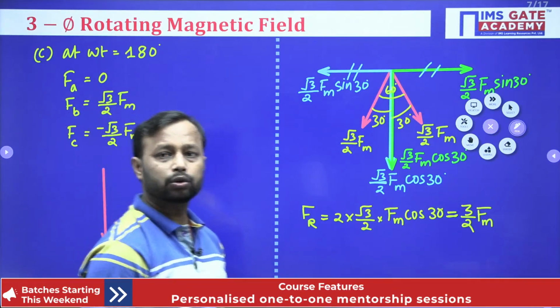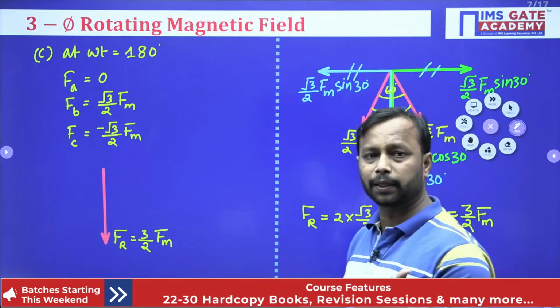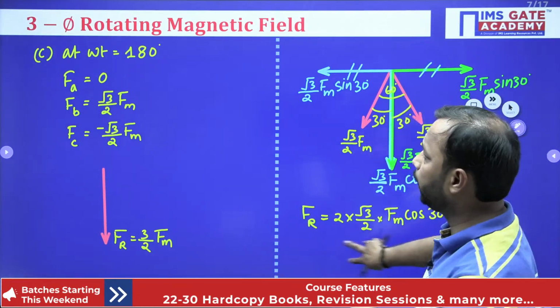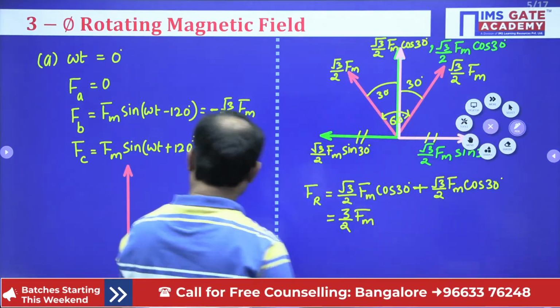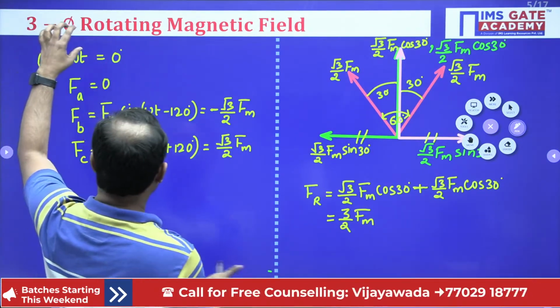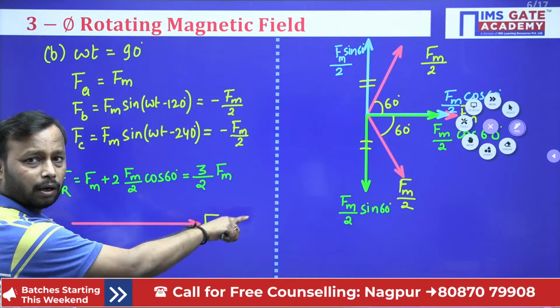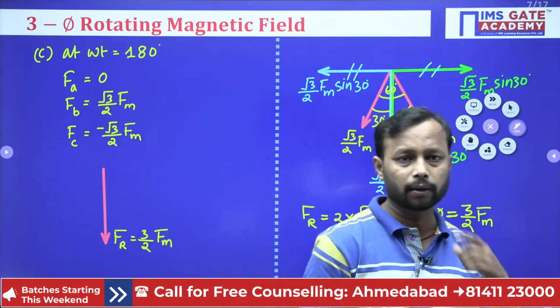Now, if you closely observe all the instants, for the sake of simplicity, I have taken only three omega t values, 180 degree, 90 degree and 0 degree. And in that, I have seen the direction of the resultant magnetic field as upward at omega t equal to 0. At 90 degree, it is horizontal, and at omega t 180 degree, it is downward. All right.